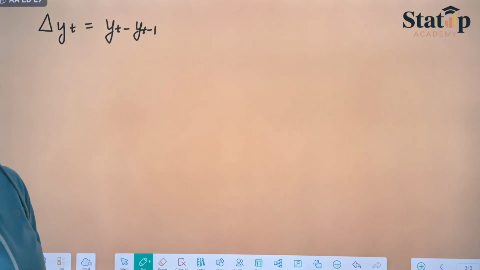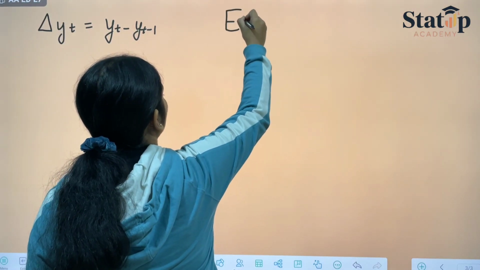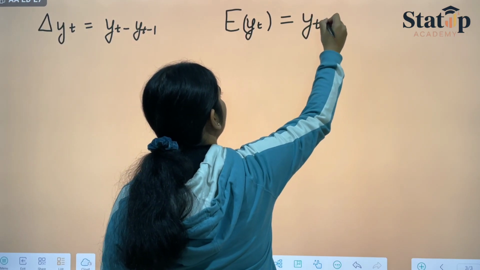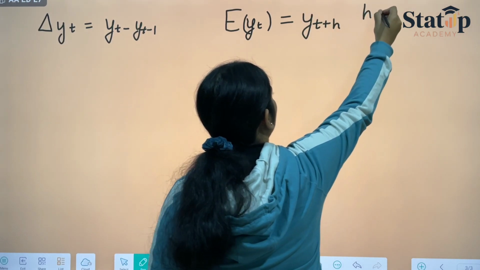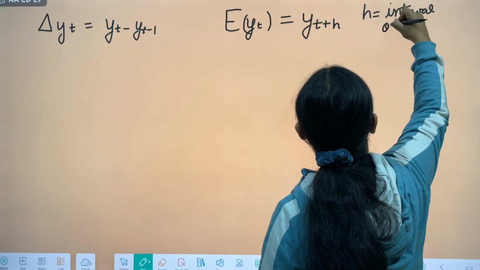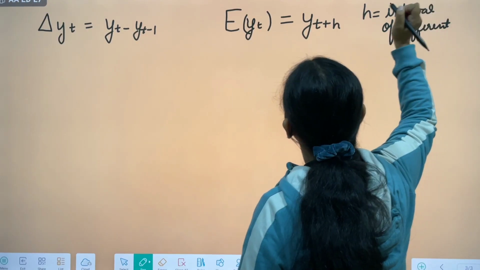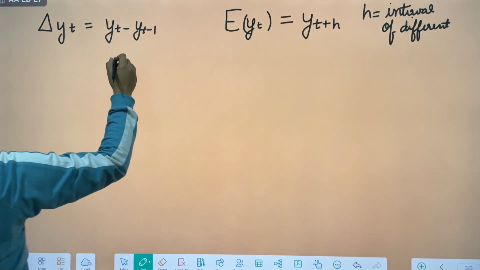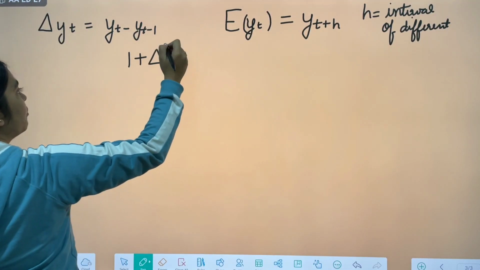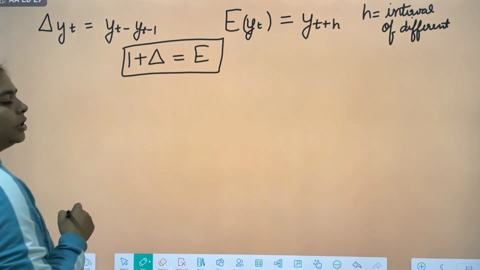There is one more operator, this E. If I say E of yt, then this means y(t plus h), where h is the interval of differencing. These are the two things you should know. And one more result we'll be using here: 1 plus forward difference is equal to E.